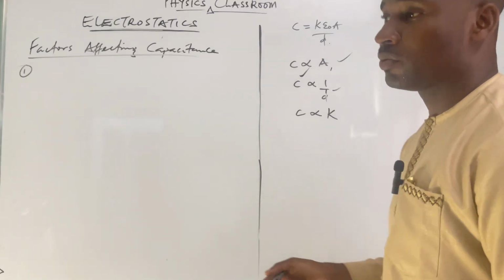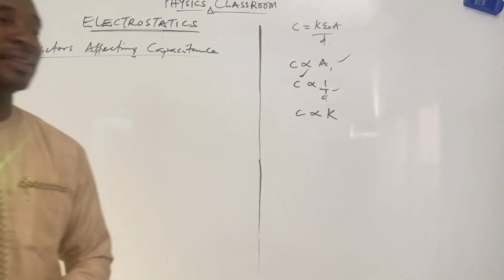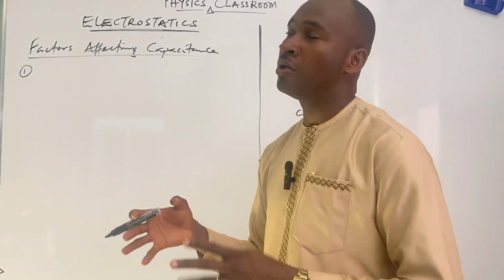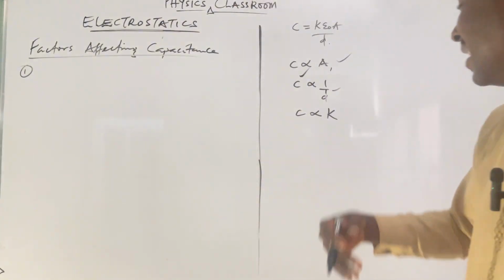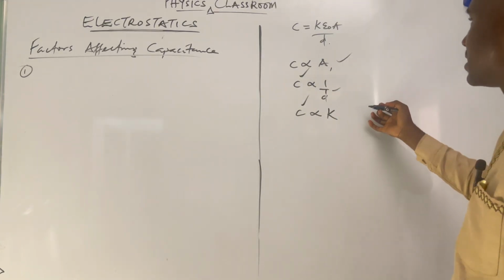Then the third one, we can say the higher the value of the dielectric constant, the higher the capacitance. Or better still, we can put it this way. We can say the denser the medium between the plates, the higher the capacitance. What am I saying?